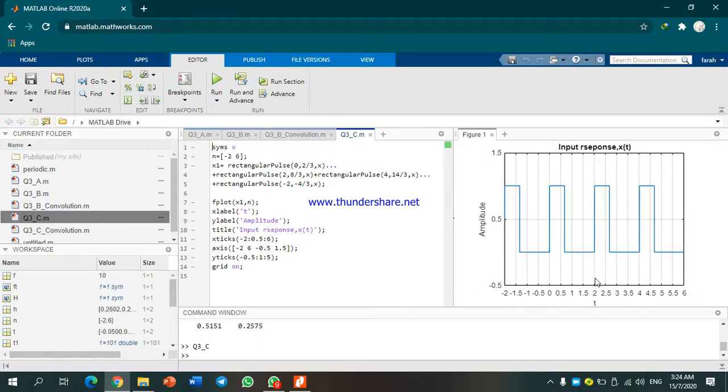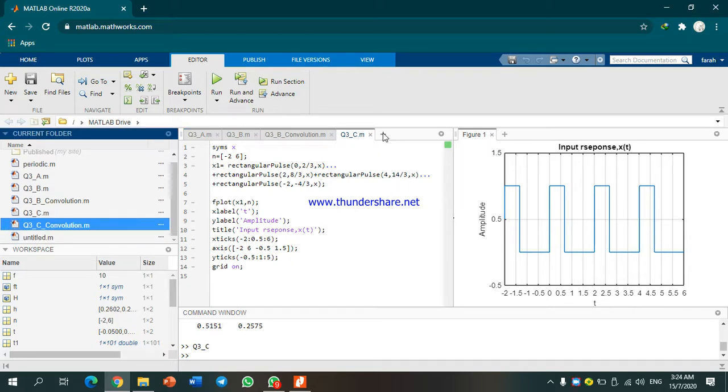So I ran it, and this is what I got from -2 going up to infinity, and we want to find the convolution. The convolution is the same as usual: we do x times h.